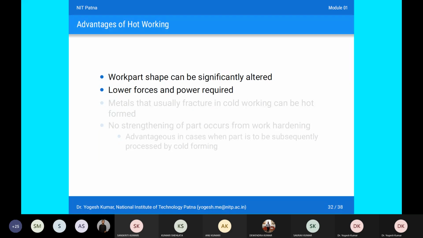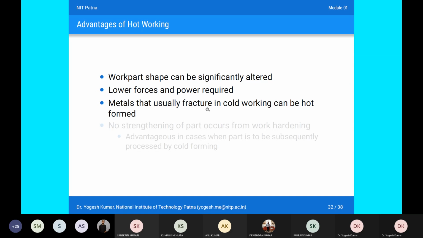Next advantage: metals that usually fracture in cold working. This was the disadvantage in the case of cold working, that materials which are not ductile enough, whose properties do not allow plastic deformation at room temperature, can be easily deformed in hot working.